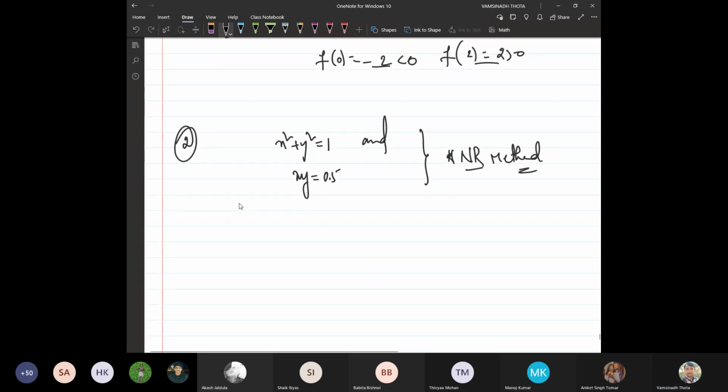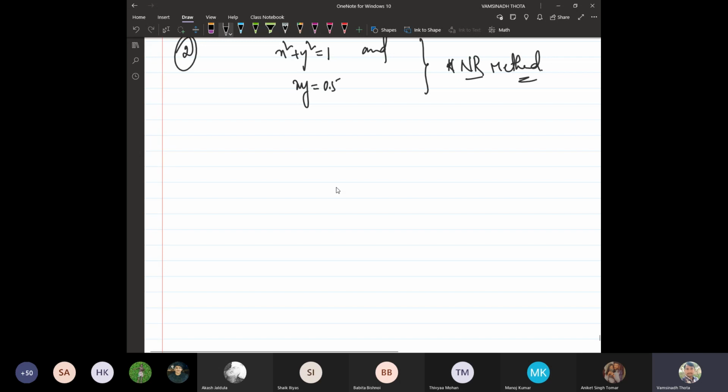And here also we should have some initial guess. So let us take the initial guess x naught is 0.8 and y naught, what should we take?